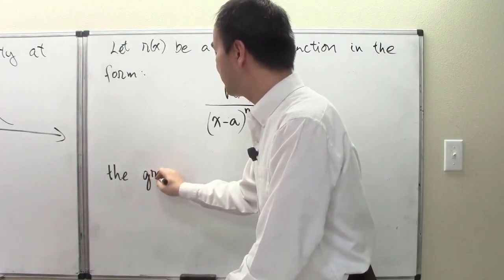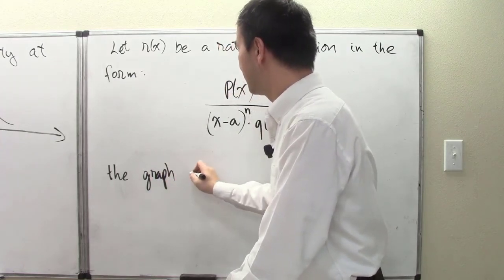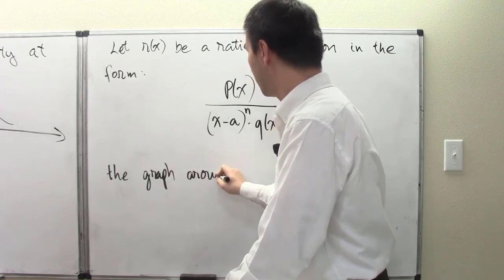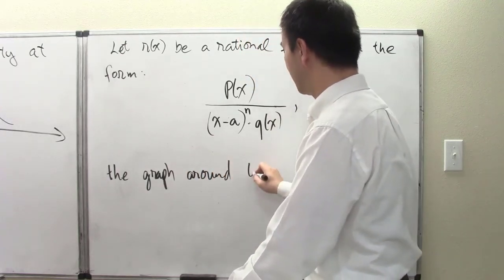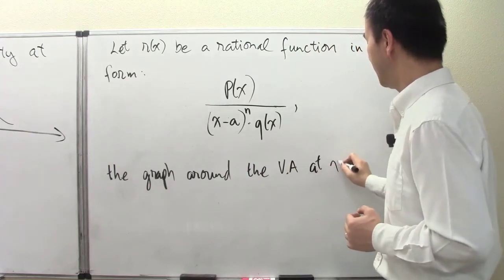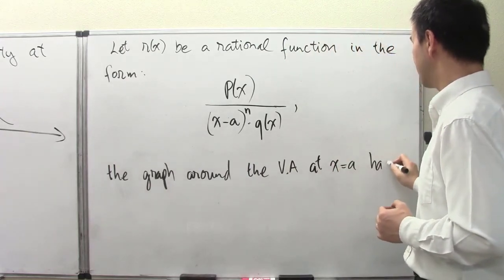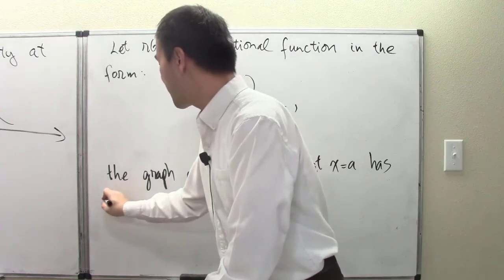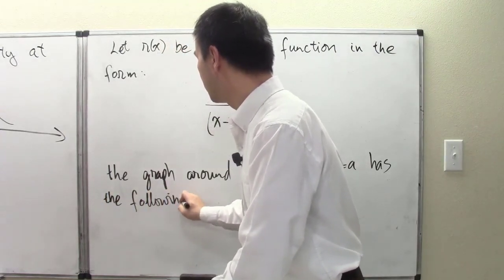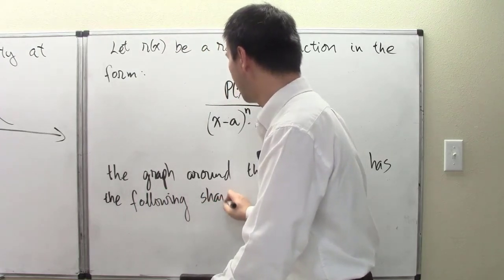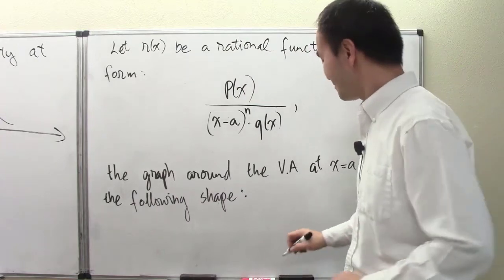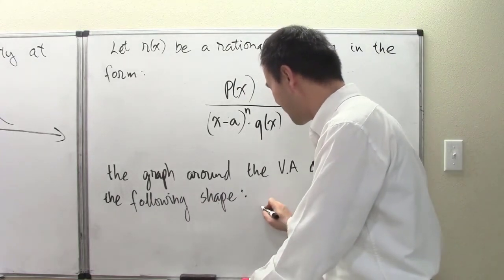The graph around the VA at x minus a has the following shape. All right, and so now I'm going to split that into two columns.